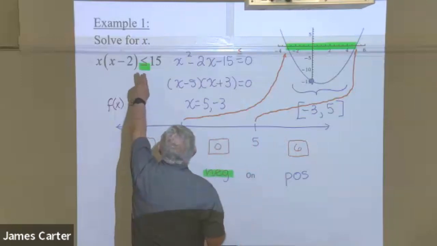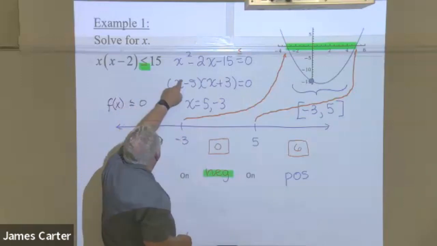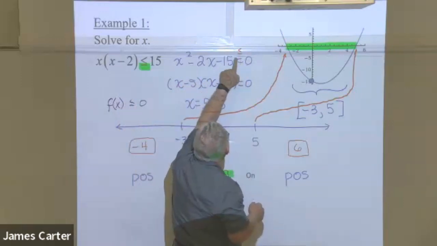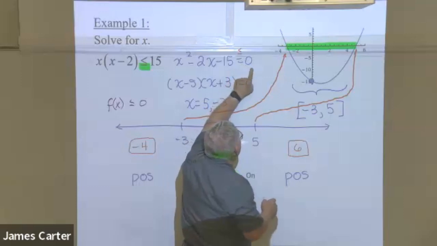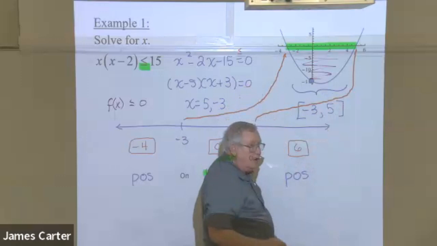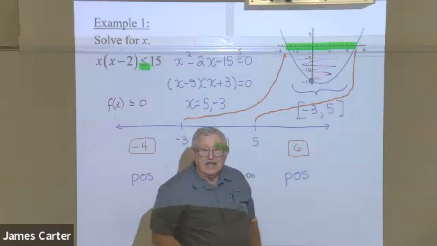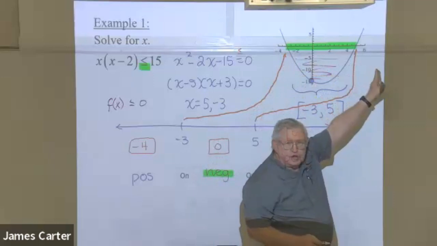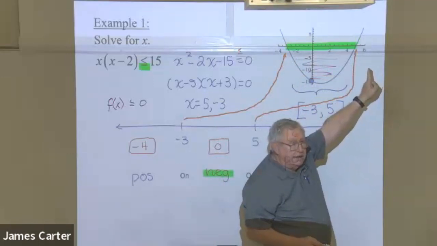If this equation here with that symbol says it's less than or equal to zero, then that's wanting to know what part of this thing is below the x-axis, including the two endpoints. That's what the equality does on that.